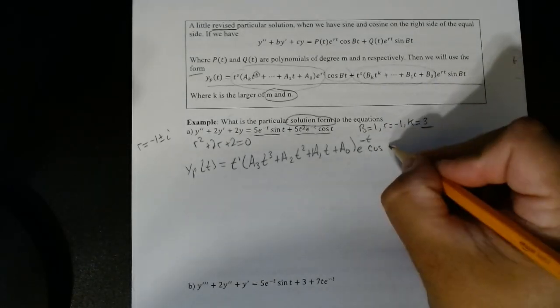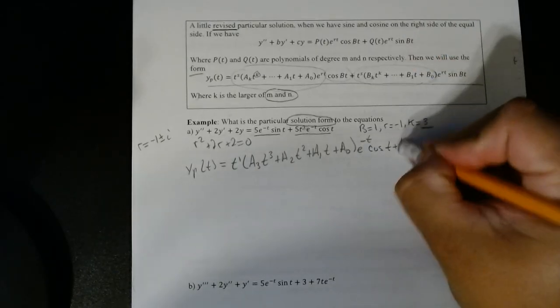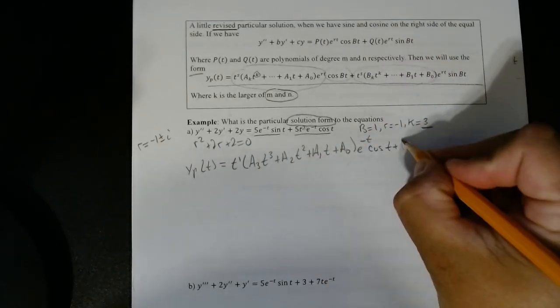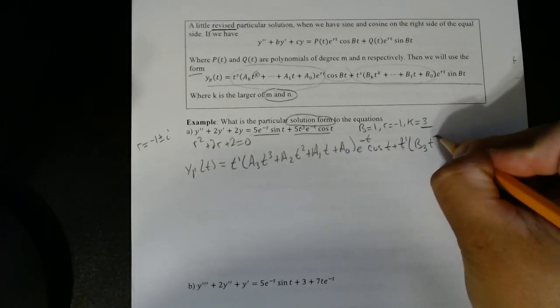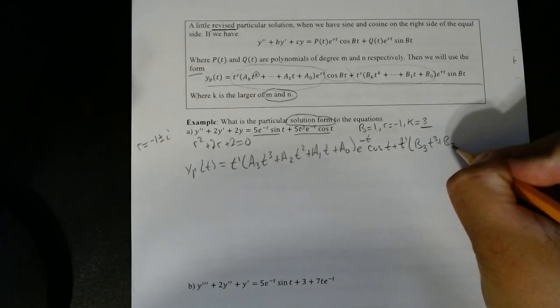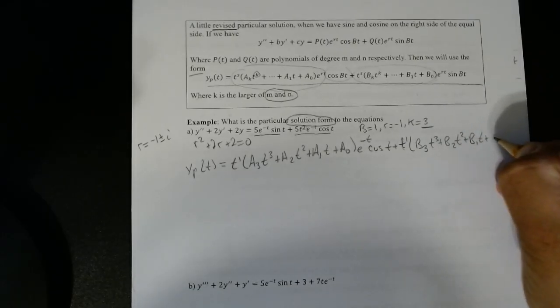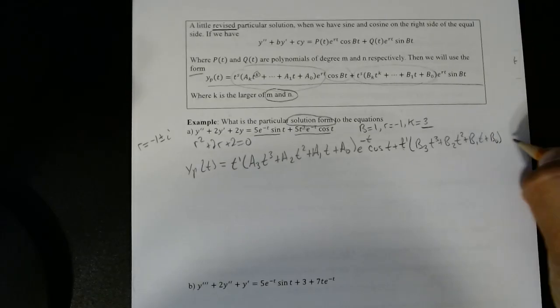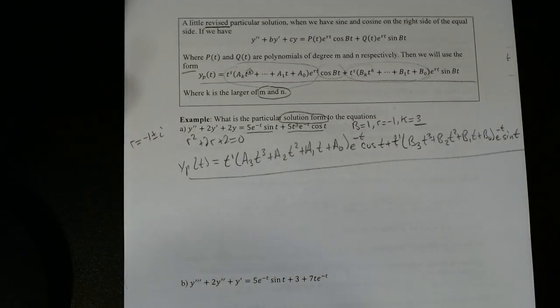B is 1. Oh, and then there we go. All that is our actual answer. Very, very painful.